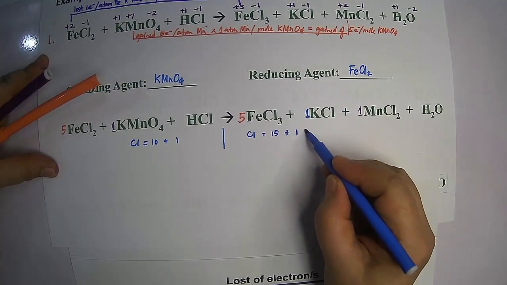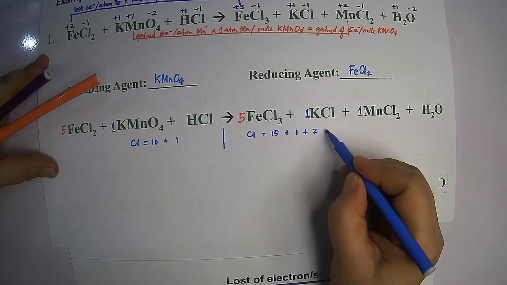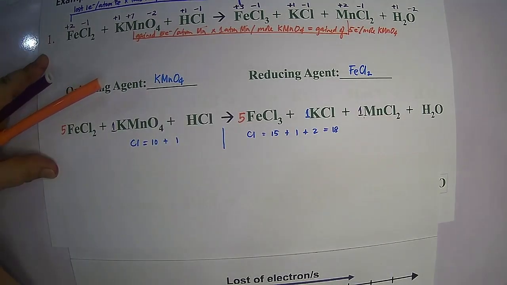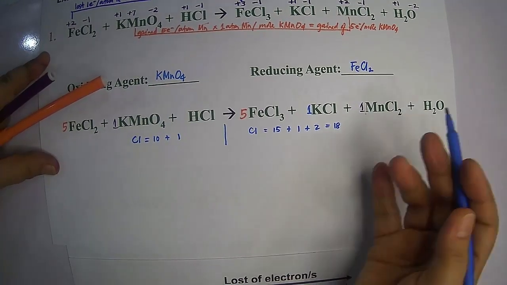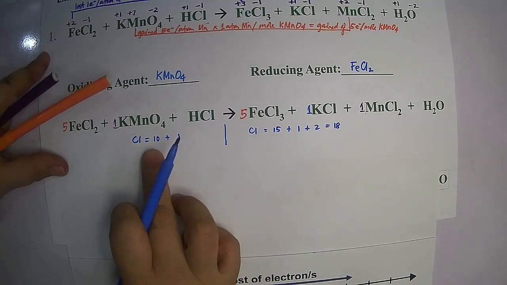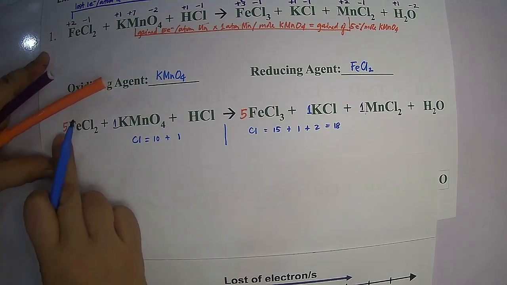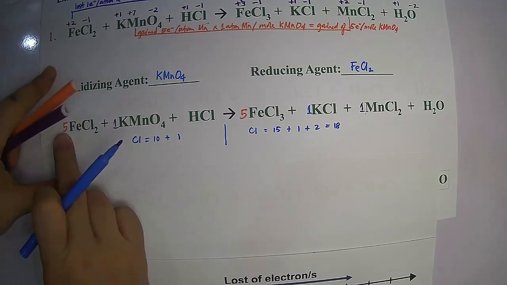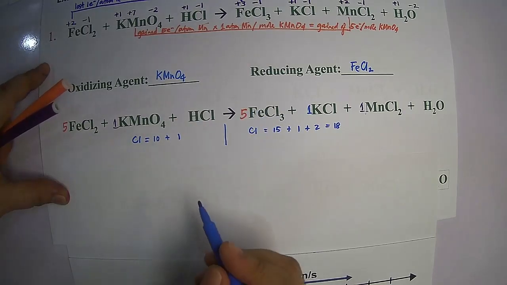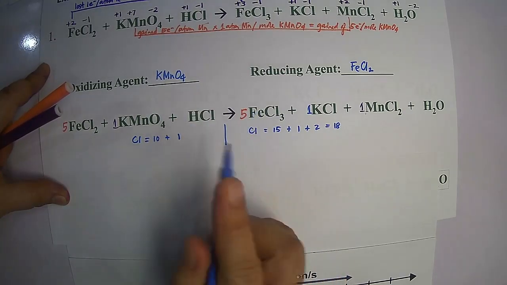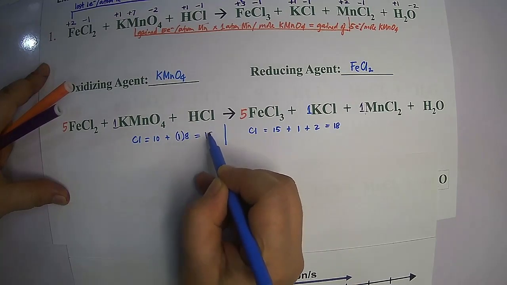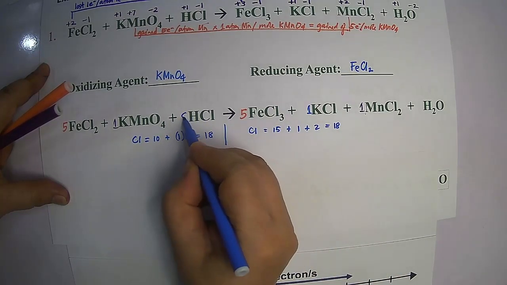Then we have plus 1 times 2, we have 2, and a total of 18. On the left side, we have 18 on the right, and we have only 11 here. We cannot change this one because that is part of the first step. So we can only change the coefficient of the untouched compound or molecule. So to balance that, if we multiply this by 8, that will make it a total of 18. And we write it here.